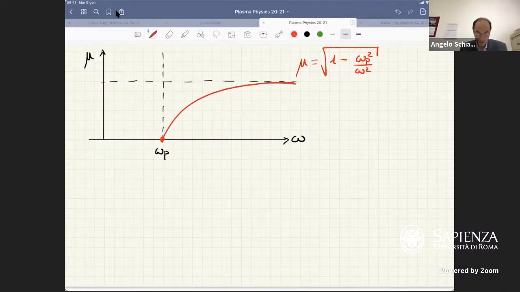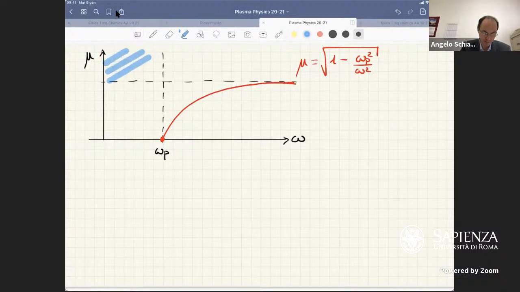As you change the frequency of the wave, you have a different refraction index, so different propagation properties for different colors, different frequencies of the wave. So the plasma behaves like a lens, an aberrated lens, not achromatic. Every component of the wave has a different refraction index.